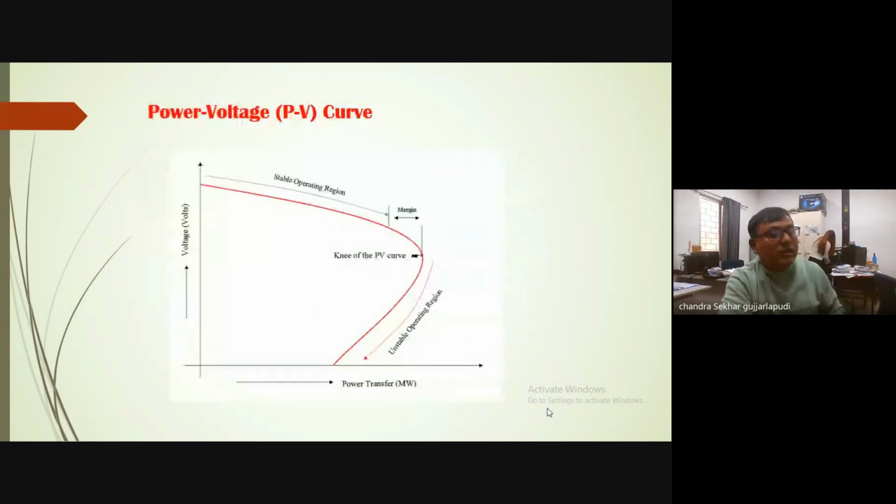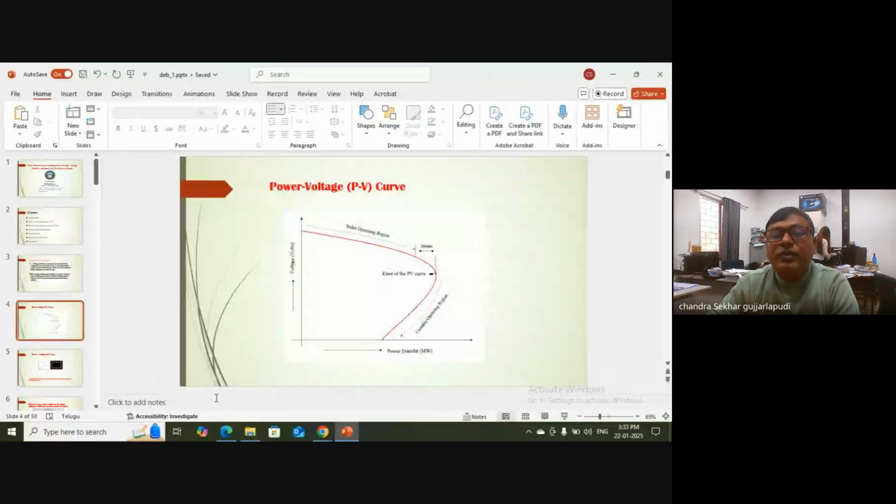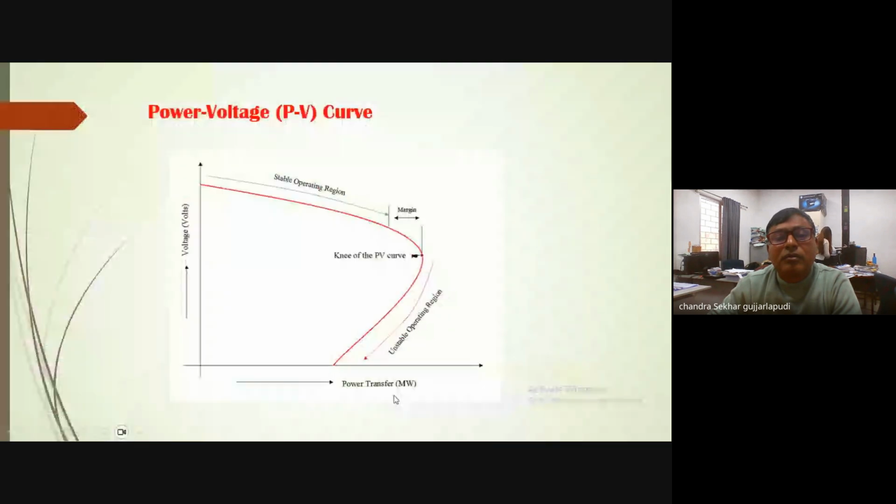Now, if you see the loading versus voltage for a particular bus in a power network, you can see that if more power is taken out from a particular bus, then the voltage level is reducing.